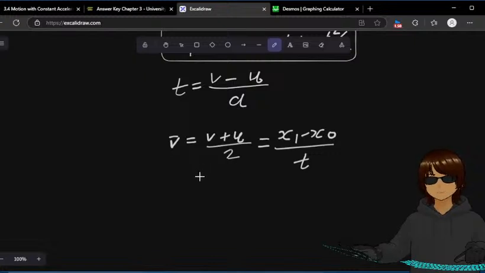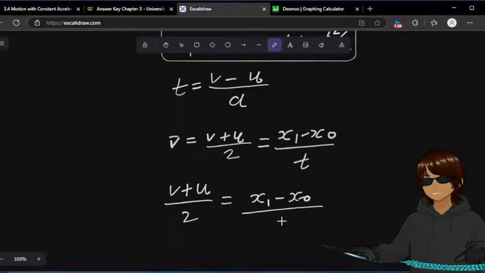We have v plus u over 2 equals x1 minus x naught over t; substitute t into this. Nope, it's the other way around.